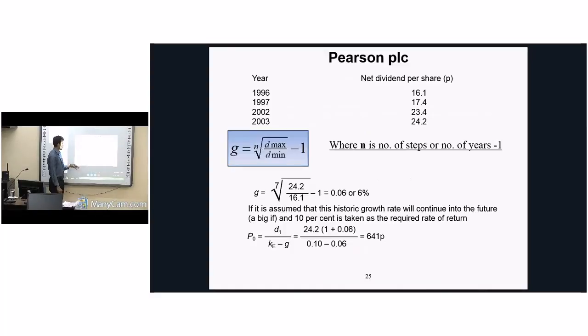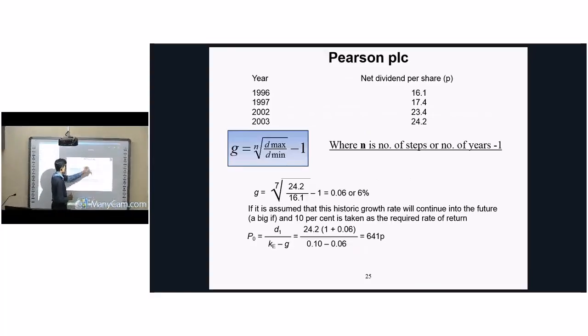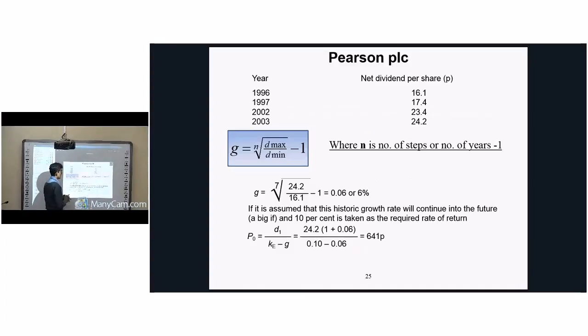So let's try to apply it for this particular question, so then it will make clear how we are going to do that. Right, so if you look at Pearson PLC, you see the number of years from 1996 to 2003. Net dividends per share is also there.